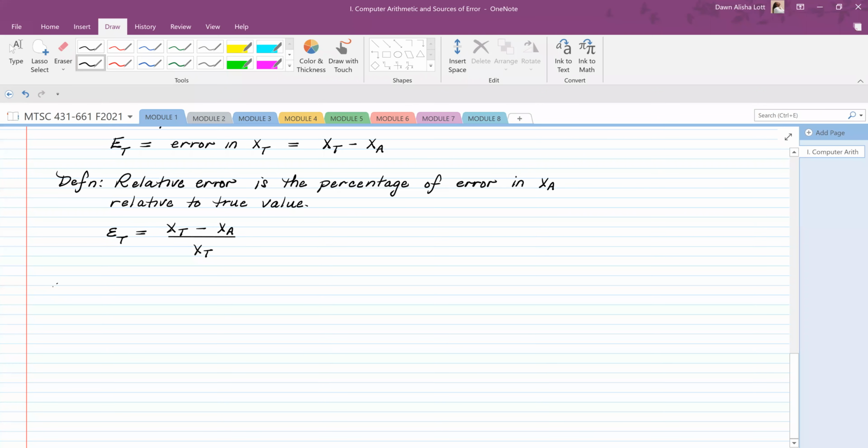Okay, so let's look at an example. So if I measure a height, and I get 49.1 inches.